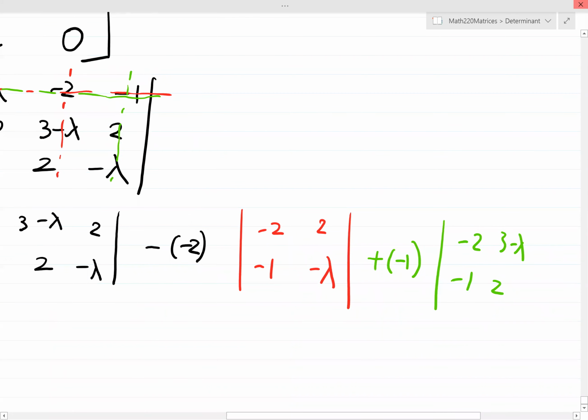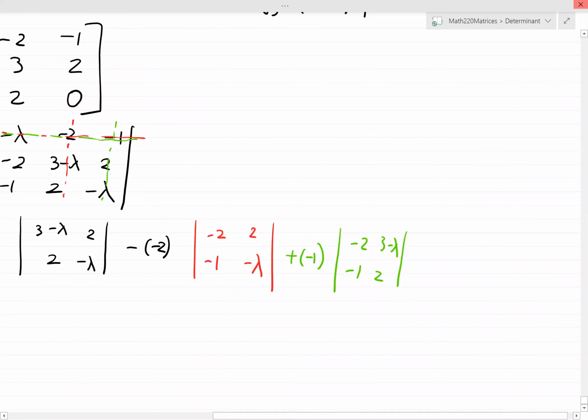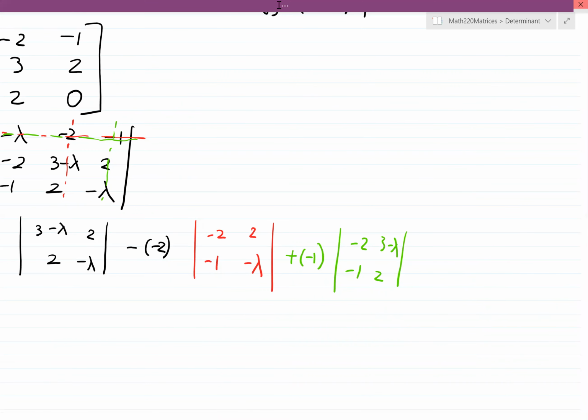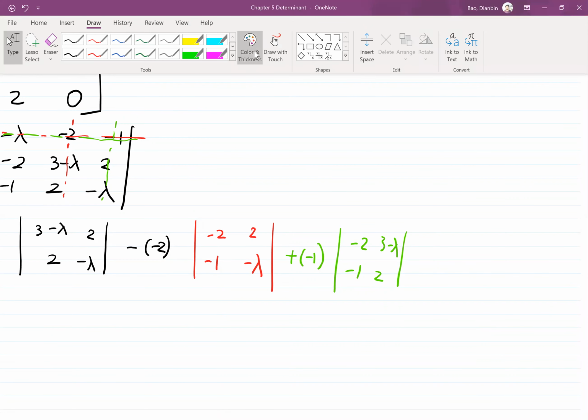Now a 2 by 2 determinant we already know how to expand by definition: for a matrix A, B, C, D, we just use AD minus BC. 2 by 2 is easier.